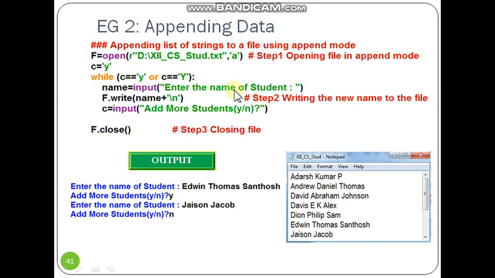Then I am inputting the student name, and that name I am adding to the file using write. Then I am asking the user whether to input more students' names. In that way I have entered 2 more students' names to the 12cs stud.txt file.